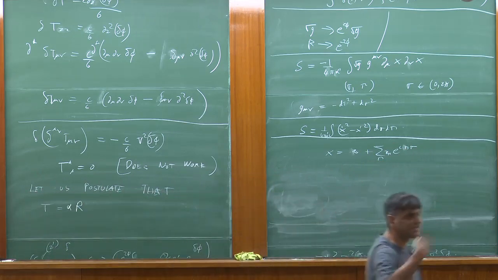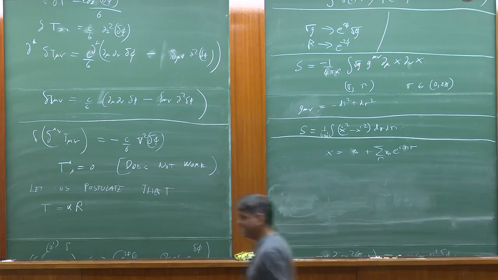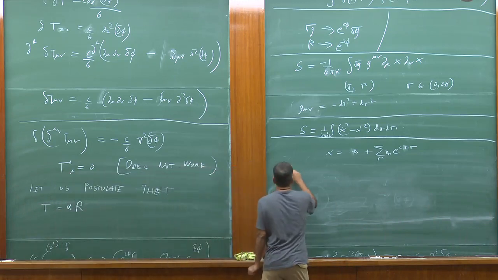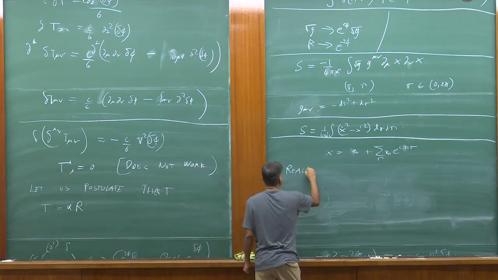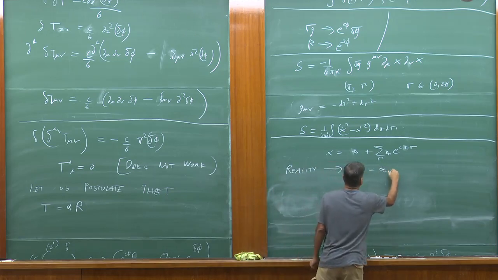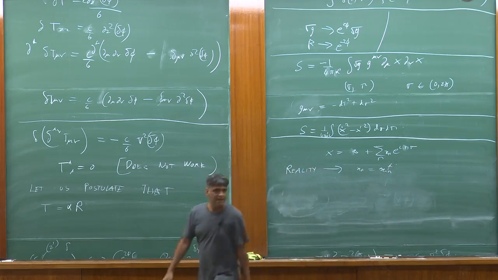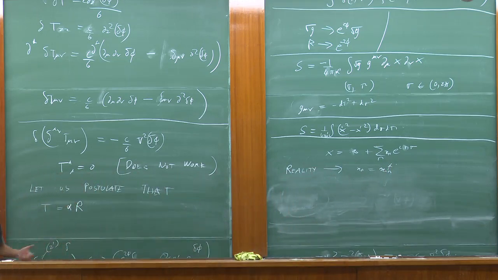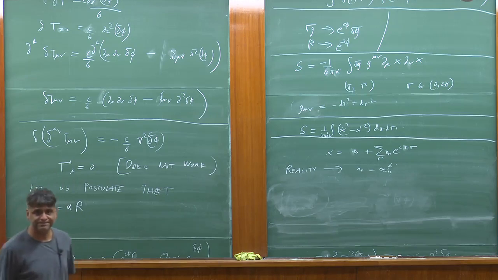We want to maintain the periodicity. If we want the field to be real, we will have x n equal to x minus n star. So we have reality.